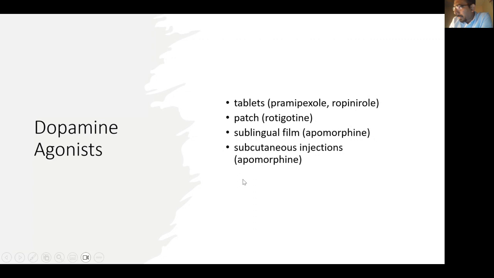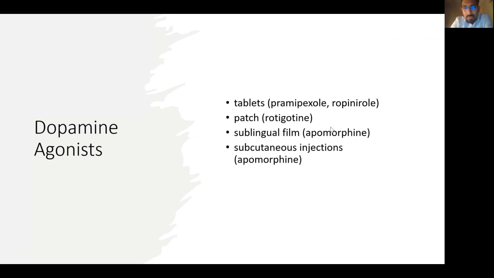One of the commonest situations when we need to use a patch is when the patient is not able to eat or drink. For example, if a patient is going for surgery and remaining nil by mouth for a certain period of time, we cannot stop Parkinson's treatment because it can cause serious complications like akinetic mutism.